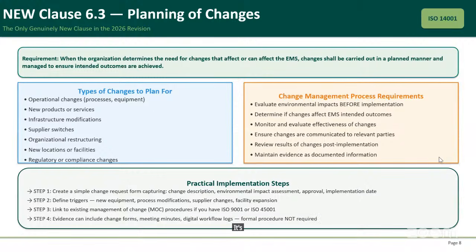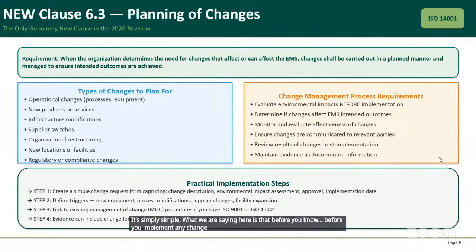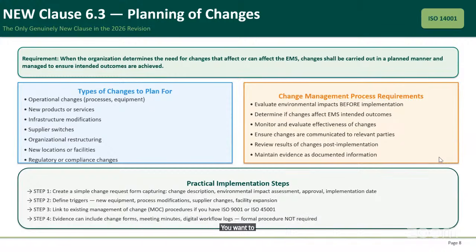What we are saying here is that before you implement any change, understand the impact of that change. You want to bring in a new piece of equipment. You want to expand your building. You want to increase staff strength. Maybe you have 100 staff before, now you want 200 staff.